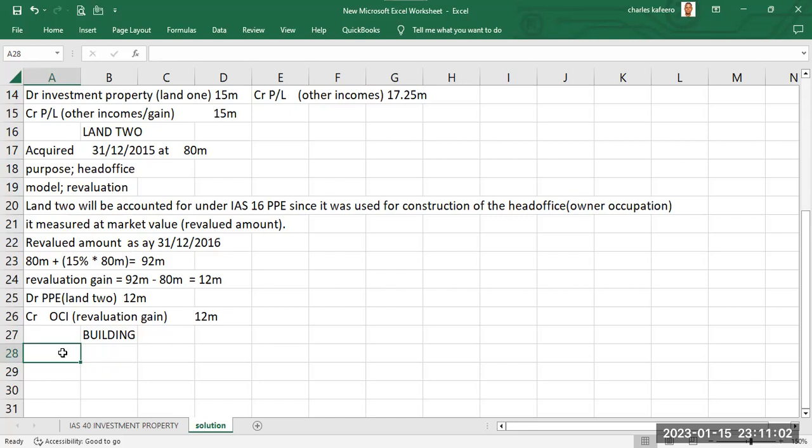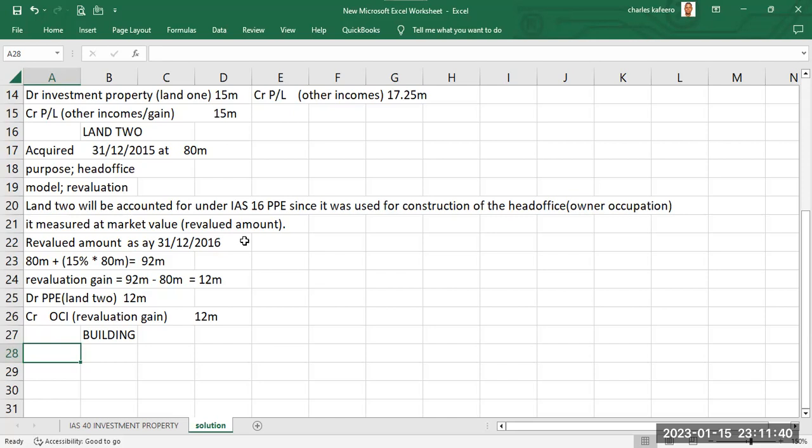This one we don't need to explain anything because I've given you a highlight of what's supposed to be done. Because if the land 2 is accounted for under PPE, it means even the building is going to be accounted for under PPE, because this building is on that land.